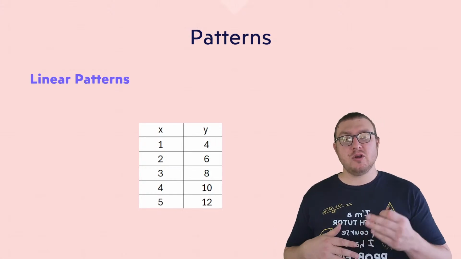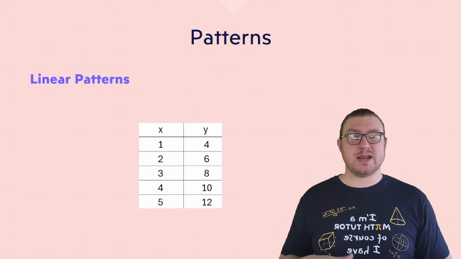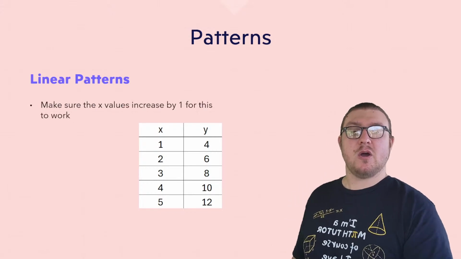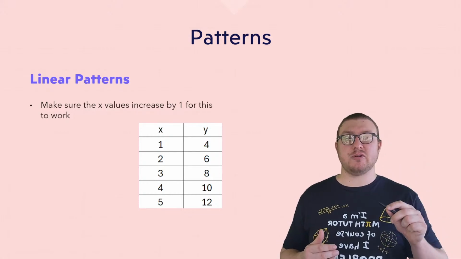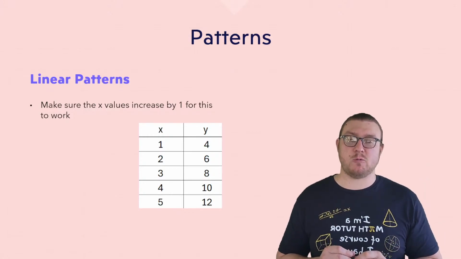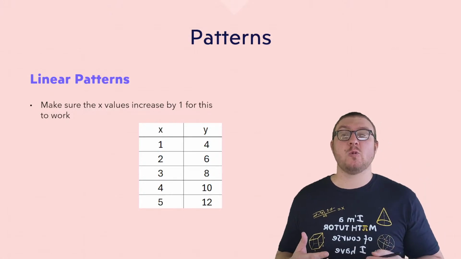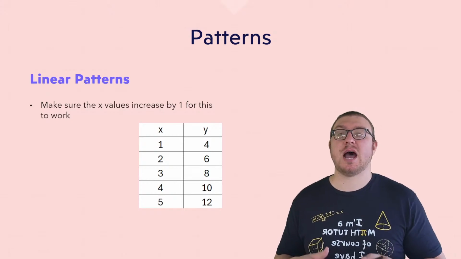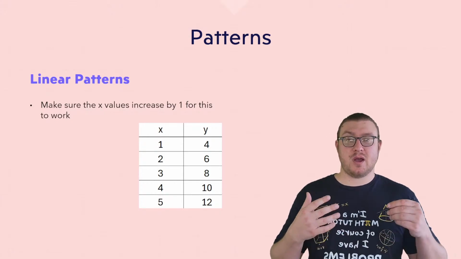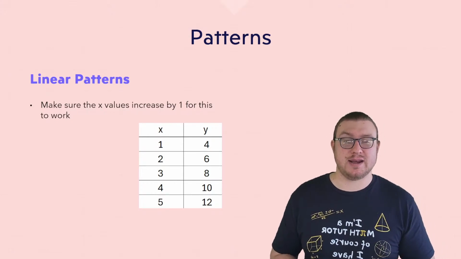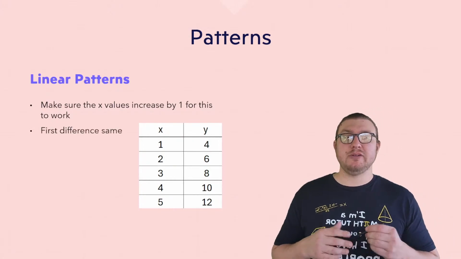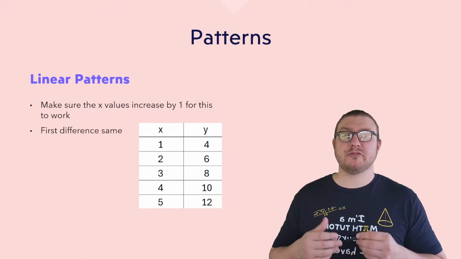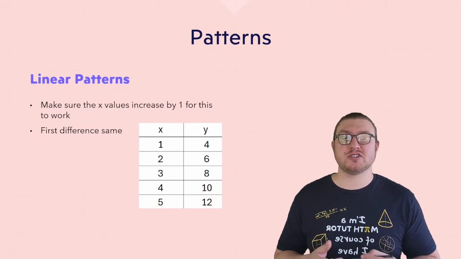So if we're now looking at this X and Y table in front of us, what we want to make sure is that each of the X values increase by 1. Otherwise, we cannot do this check ourselves. We might need more calculator help. So if we now want to check, the first thing that we do is the first difference.